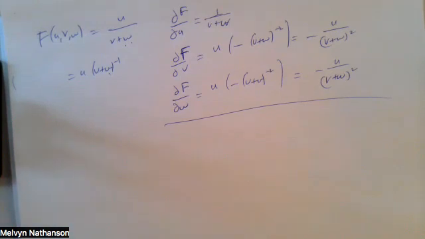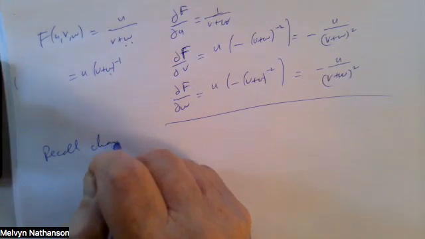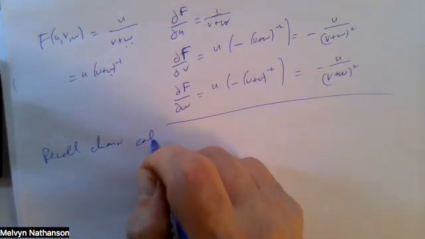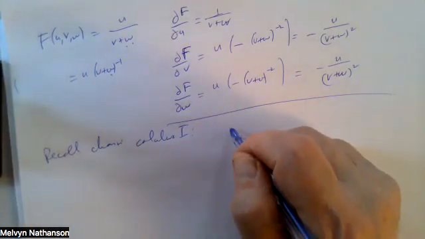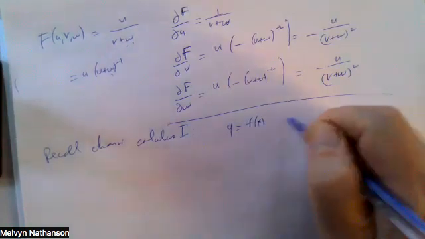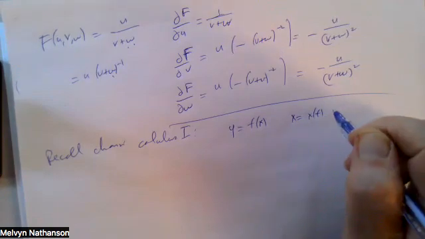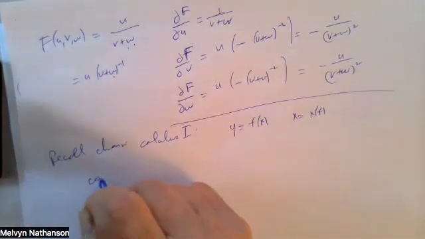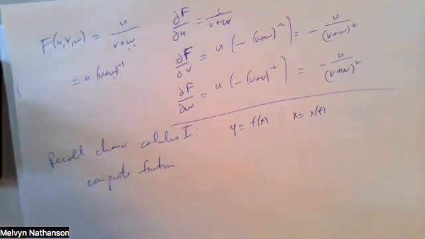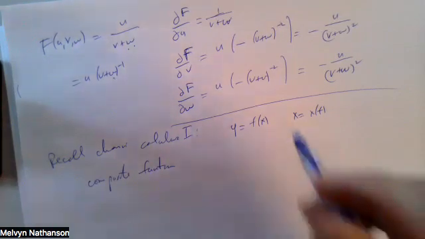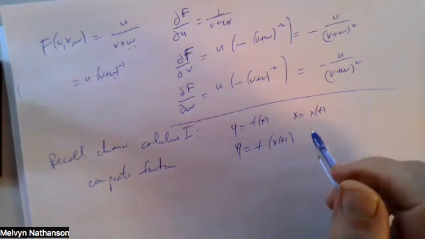Okay, now, if you recall the chain rule from calculus 1, if you have a function y, which is a function of x, and x is some function of t, then you have the composite function y equals f of x of t.